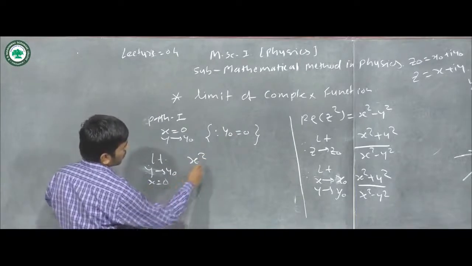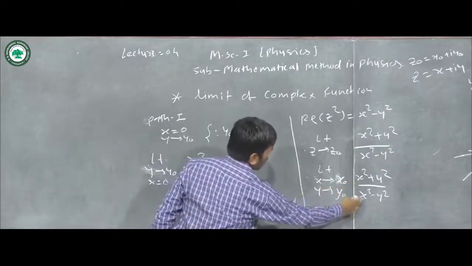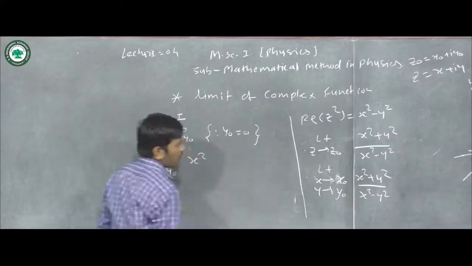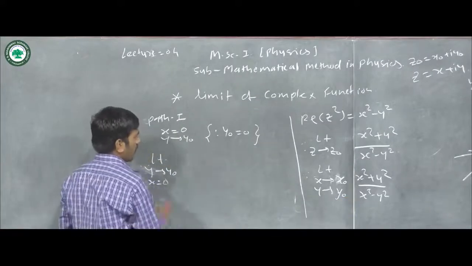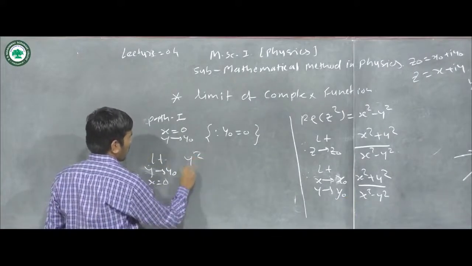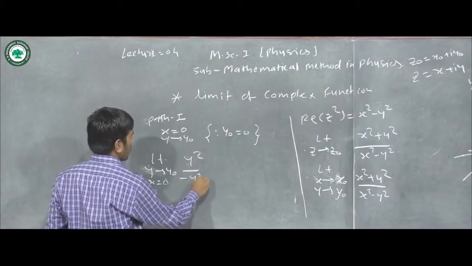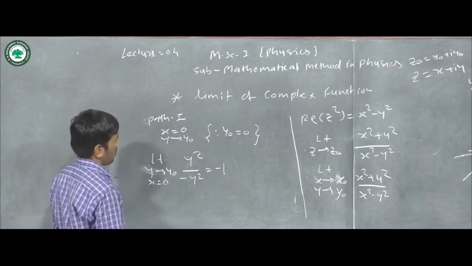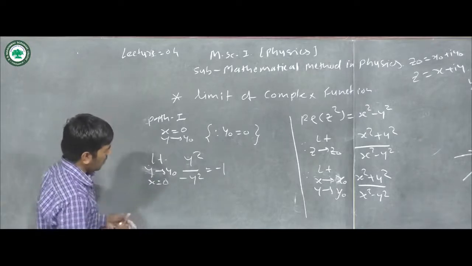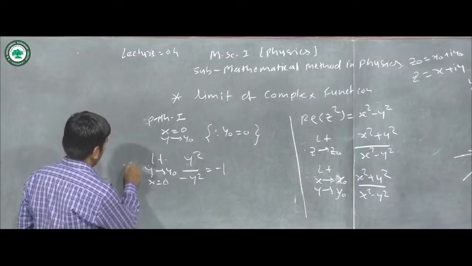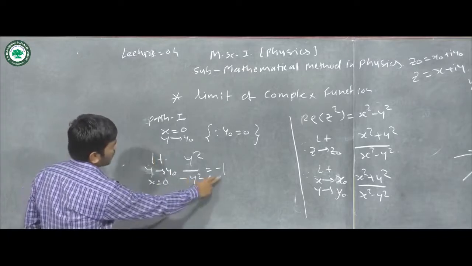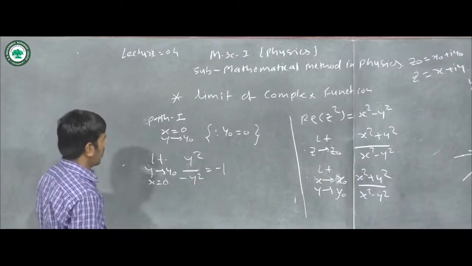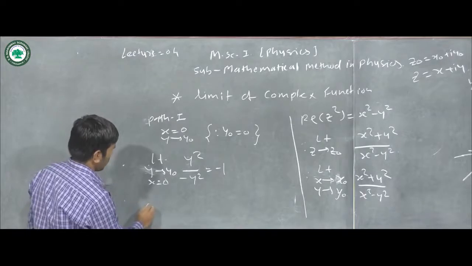If x is 0, the denominator's x term is also 0. So what do we get? y square divided by minus y square, so this is minus 1, right? So for path 1, the result is minus 1.